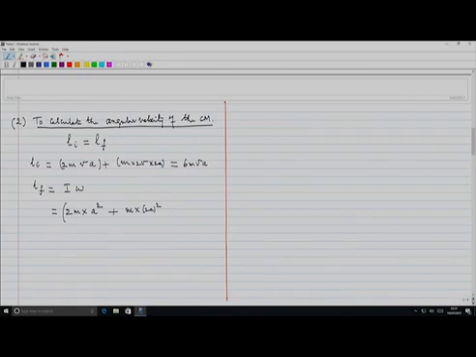Plus 8m into 6a squared by 12, the moment of inertia of the rod about the central axis.